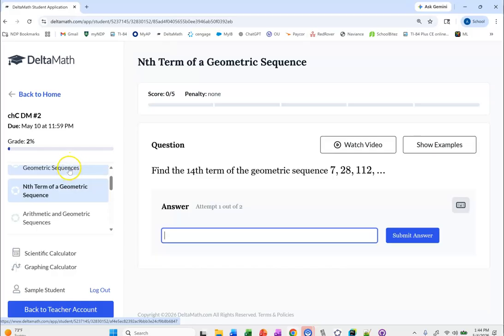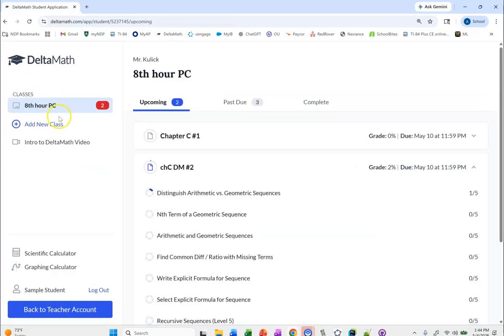Okie dokie, artichokes. All right. Please pull out your tablets, fire up your Delta Math. Let's make some progress today. Try to knock out at least one of these assignments. Should be no problem knocking out that first one. I think Delta Math's estimates, which are often overestimates, put that one at like 32 minutes for the first Delta Math.